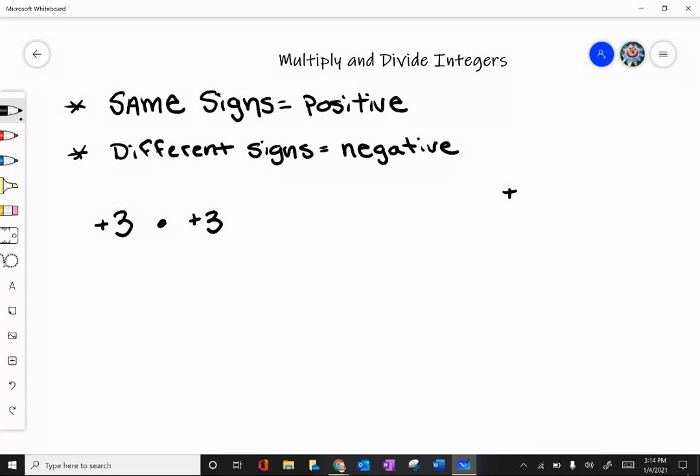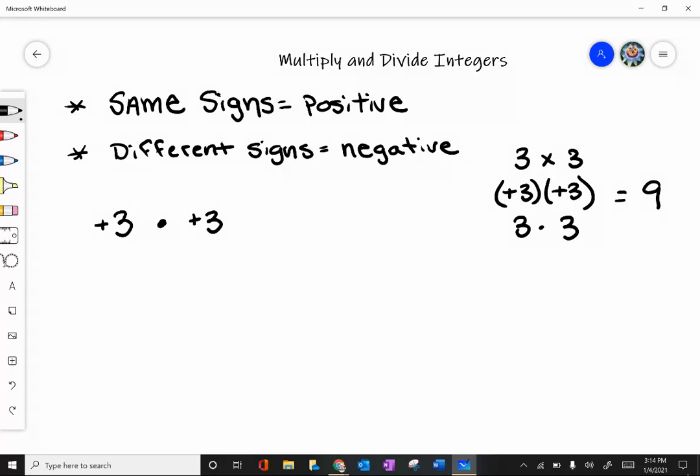You could also just see parentheses, so they could leave out the dot and the multiplication sign and just put them next to each other in parentheses. That also means multiply. So all three of these mean the same thing. There are just different ways to write a product, but they all will equal 3 times 3, 9.